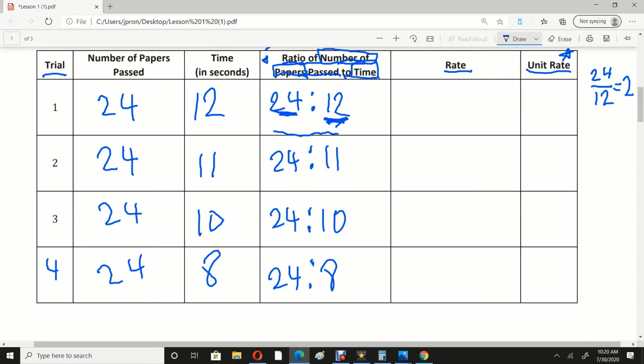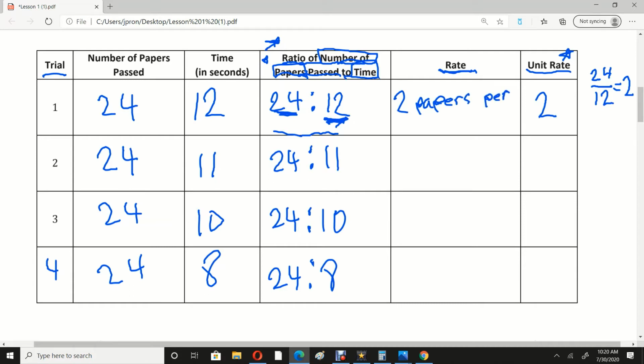And your unit rate is really just that number, okay? So in this case, we had a unit rate of 2, right? But what is that actually describing? That is the rate right here, right? What is 2 actually saying? Well, in this case, again, we're describing 2 papers per second.